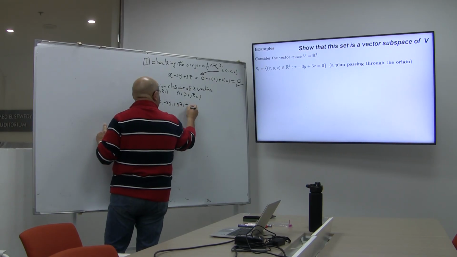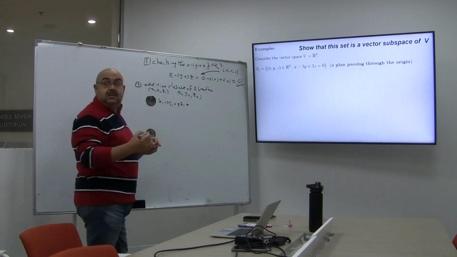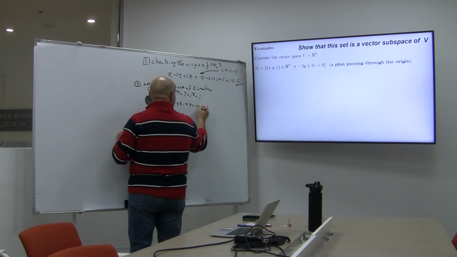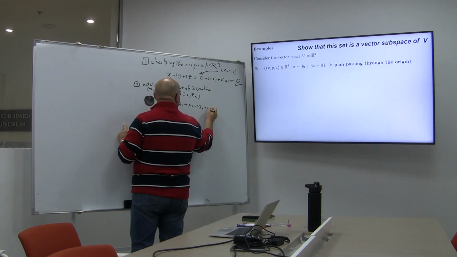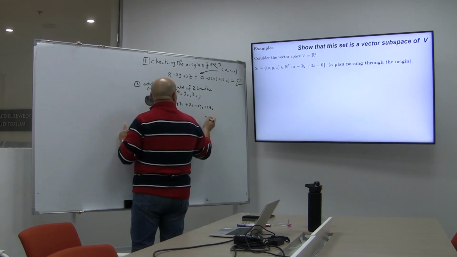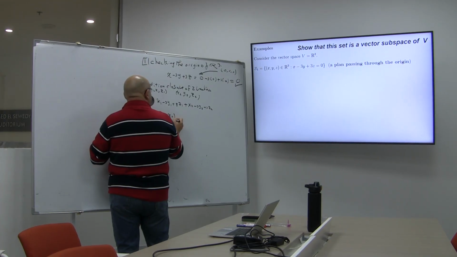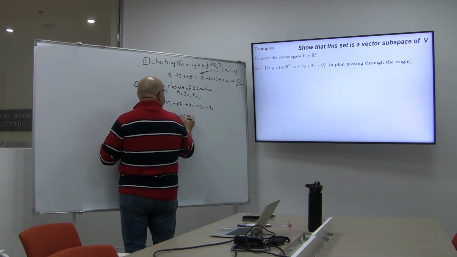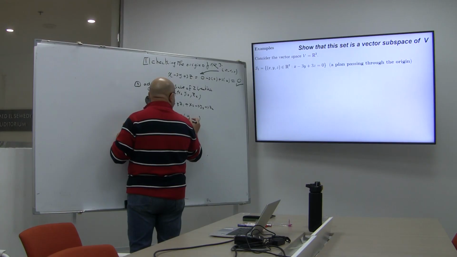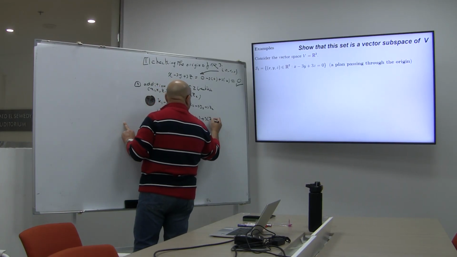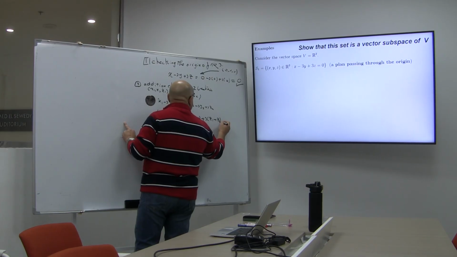Then you will add on it the second vector, which is x2 minus 3y2 plus 3z2. It's really very simple: take x1 plus x2 as a common, take negative 3 as a common, you will have y1 plus y2, take positive 3 as a common, you will have z1 plus z2.